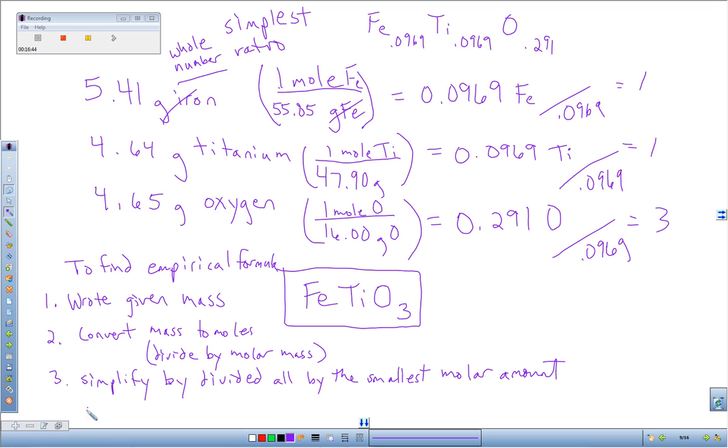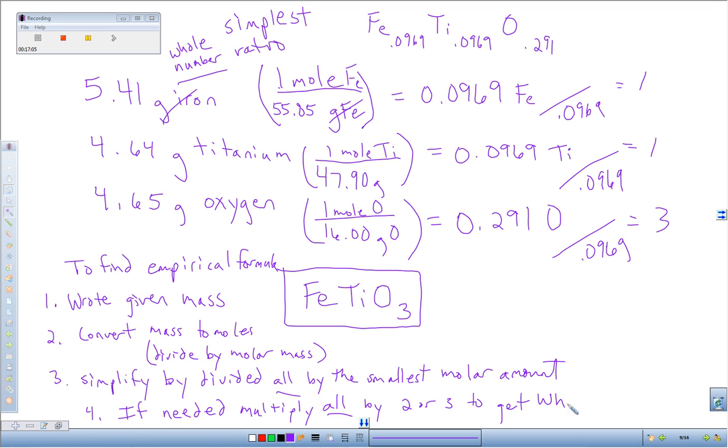And then, if needed, multiply all, important you understand you have to do all of them, by 2 or 3 to get whole numbers for the formula. All right? And that's how we do these problems.